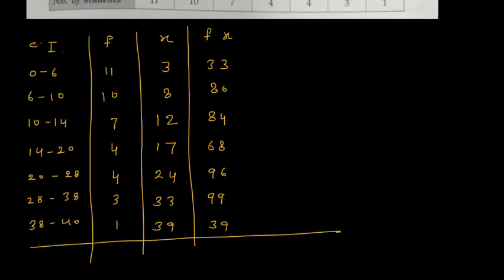Now here we find the total of frequency. So 11 plus 10 is 21, 7 plus 4, and so on, the total comes to 40. Now for fx, adding up all the values, we get 499. Okay, calculate once again, cross verify that this is 499 only.